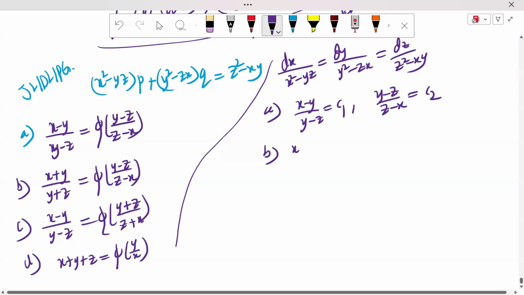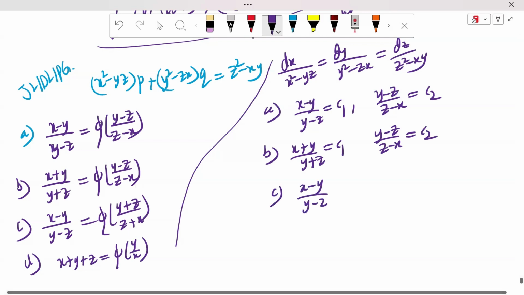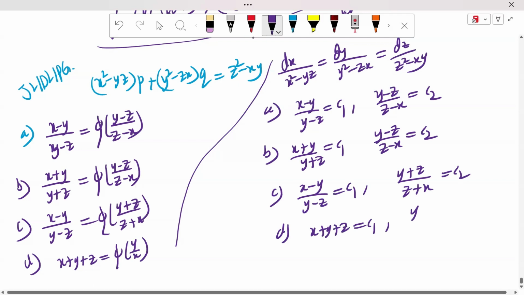Option B, (x plus y) by (y plus z) is equal to c1, and (y minus z) by (z minus x) is c2. Option C, (x minus y) by (y minus z) is equal to c1, comma (y plus z) by (z plus x) is equal to c2. And option D, x plus y plus z is equal to c1, comma y by x is equal to c2. These are the options given in this type of question, sir.